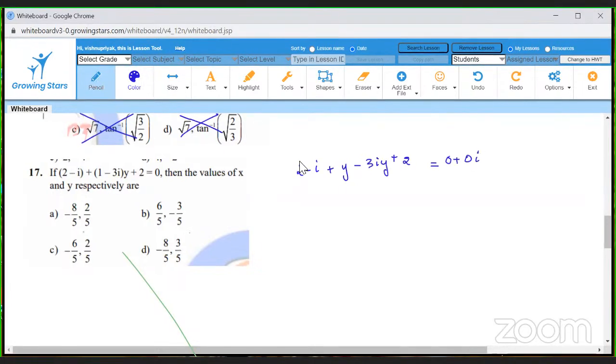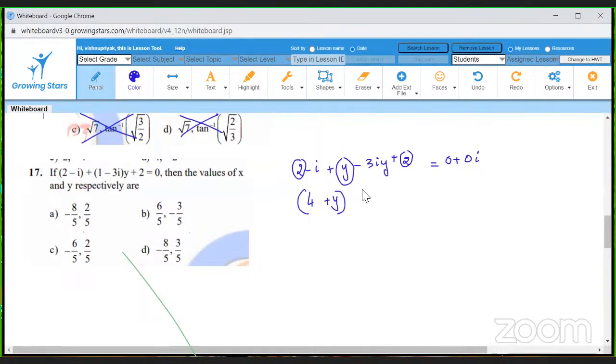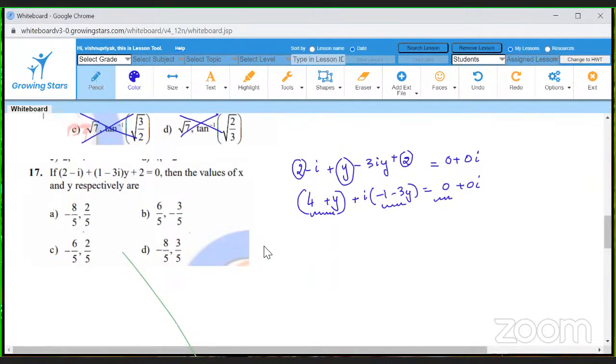So the terms which don't have i, 2 plus 2, 4. y also doesn't have i. This forms the real part. Then take i common, minus 1 minus 3y equal to 0 plus 0i. Set the real part to the real part. Set the imaginary part to the imaginary part.